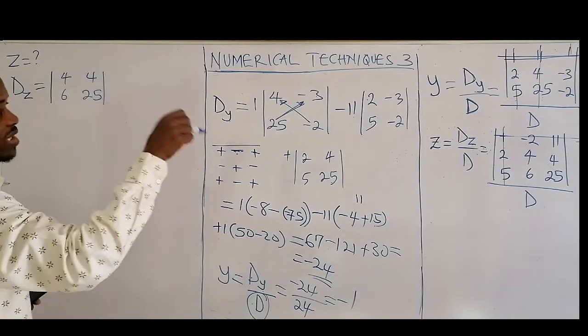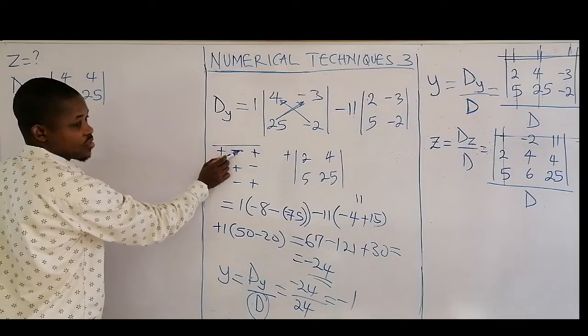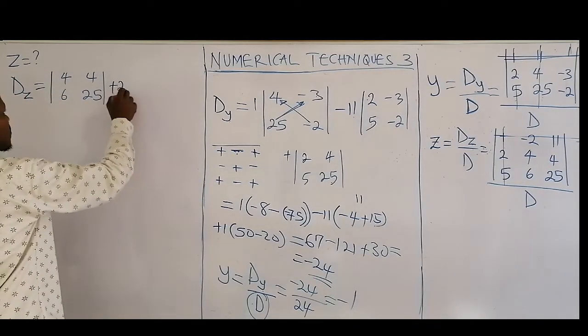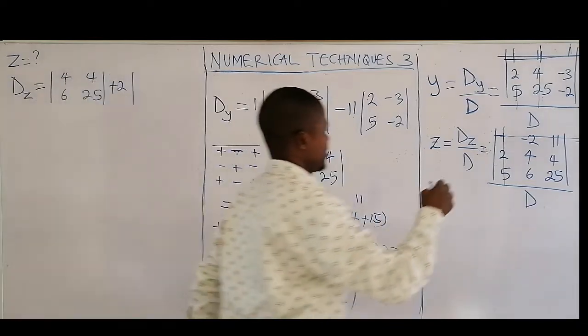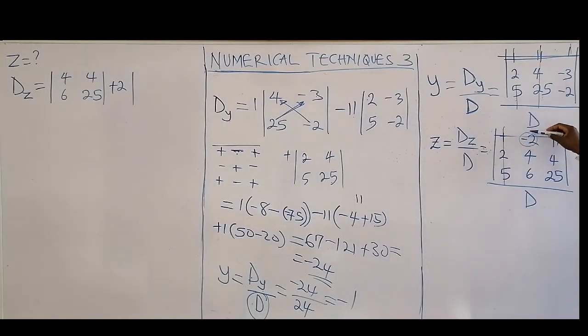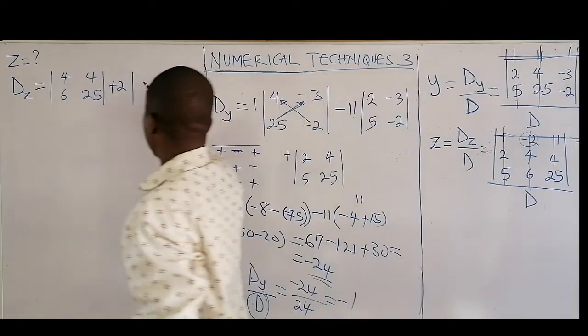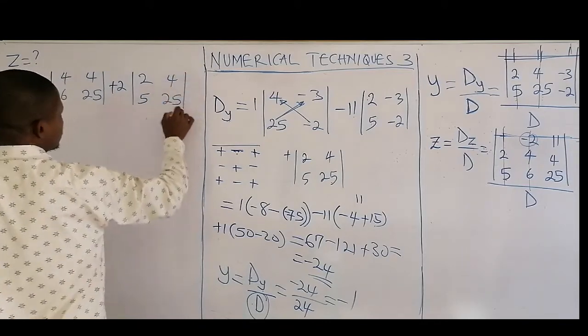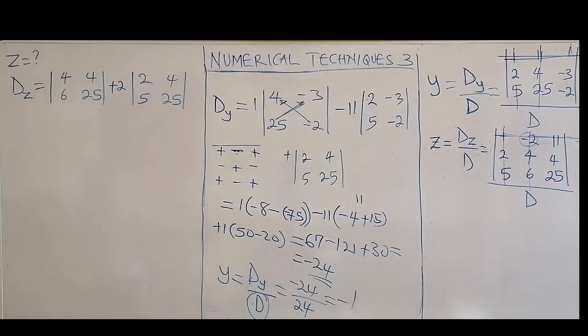Then the center one is minus 2, and don't forget the cofactor, that's times minus, and that's the plus 2. Okay, do the same thing also. Cover where you have this minus 2, cover it horizontal, cover it vertical. So you have 2, 5, 4, 25.